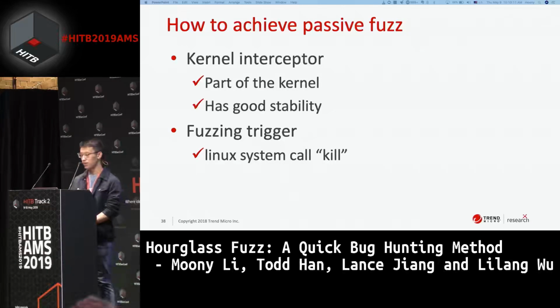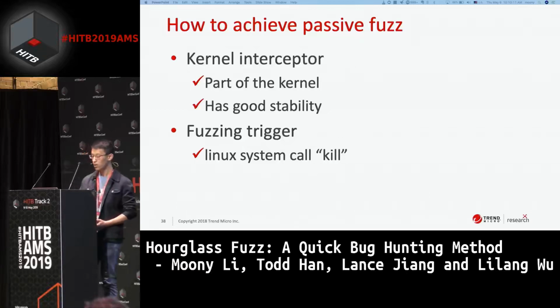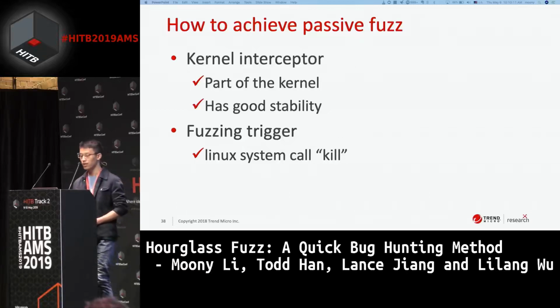After you flash the kernel with the interceptor, we choose the Linux system call kill. A better method is to add a new system call to do it, but it may damage the stability of the system. So we still use the kill function that is already in the system call.